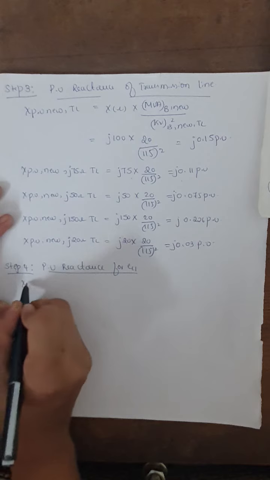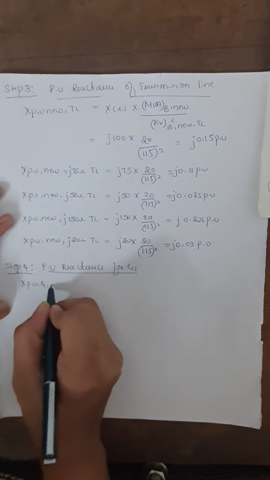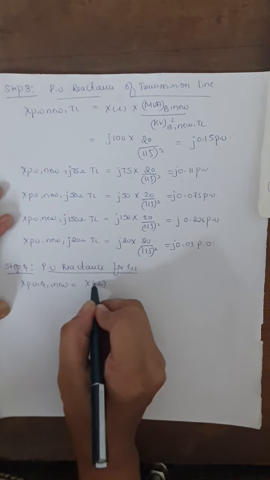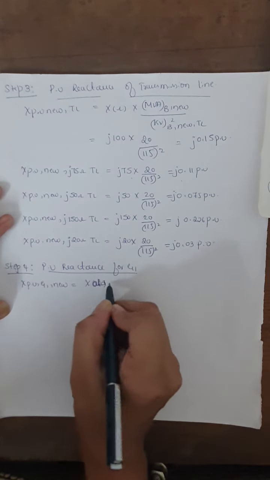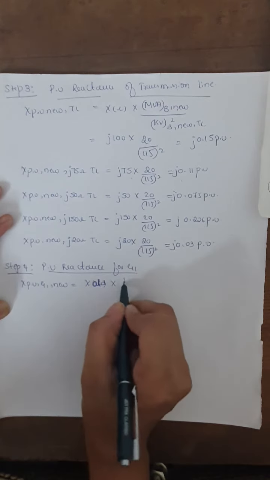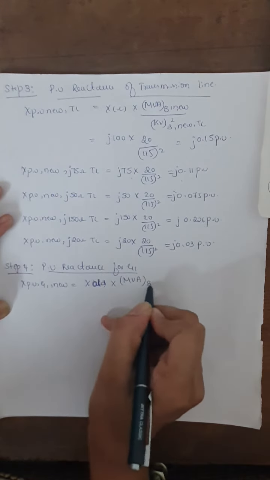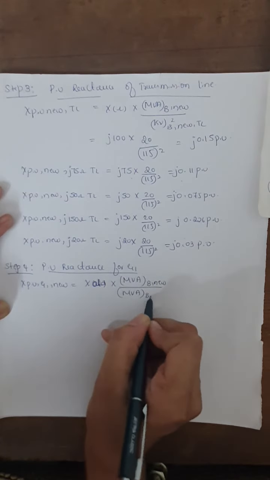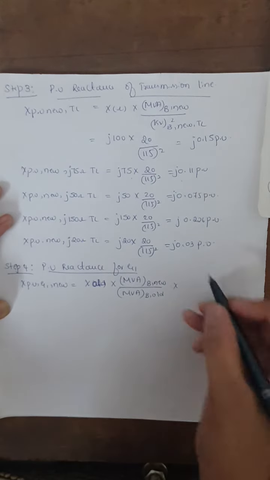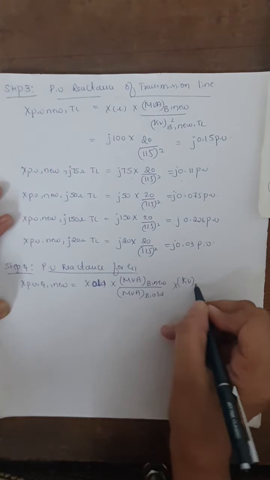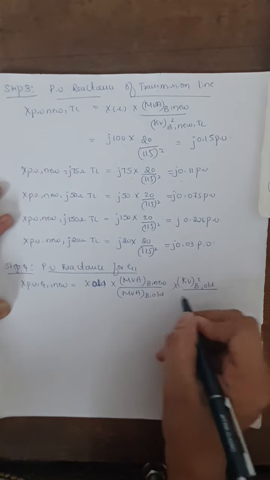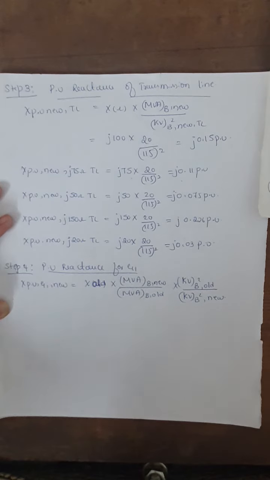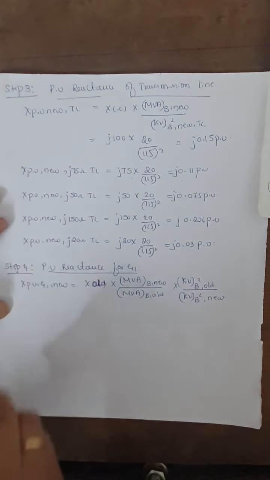We know the formula for the per unit reactance for generator 1 new: X old value, the reactance old value, multiplied by MVA base new, divided by MVA base old, into kilovolt base square old by kilovolt base square new. This is the common formula for all the reactance calculations in step 4.